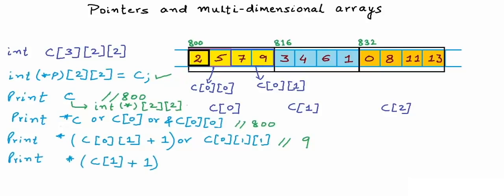Now what will be the output for this print statement? Asterisk of C1 plus 1. C1 will return us a pointer to a one-dimensional array, the first one-dimensional array in C1, this block containing integers 3 and 4. Adding 1 is performing pointer arithmetic and going to the next one-dimensional array. It's going to this one-dimensional array containing 6 and 1.